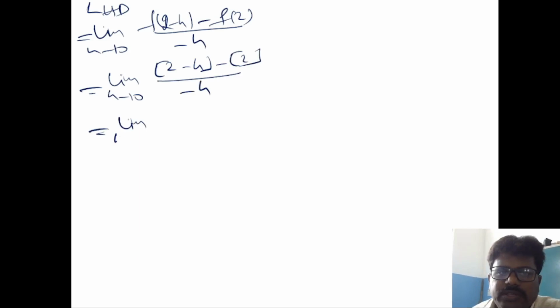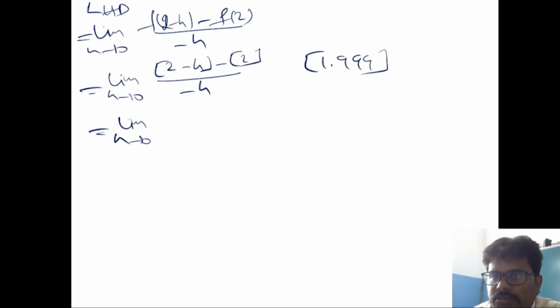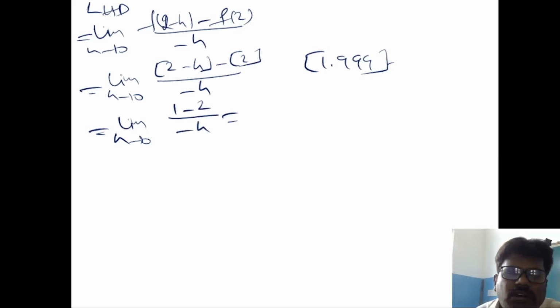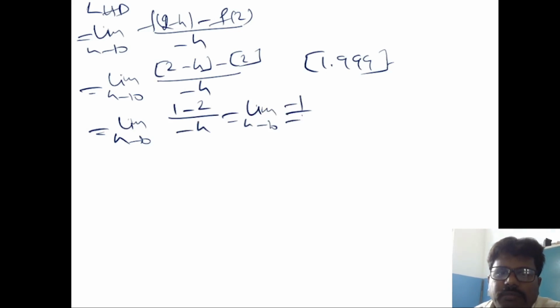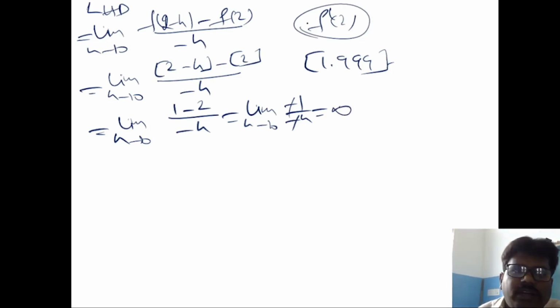So now limit h tends to 0, 2 minus h means when you are subtracting one small positive quantity from 2, then it will be like 1.99, very close to 2, but it is less than 2. So 1.999 or something like this, then the greatest integer will be equal to 1. So 1 minus greatest integer of 2, which is 2 itself, by minus h. 1 minus 2 is what here? Minus 1. So here minus 1 divided by minus h, it will become what here? Infinity.